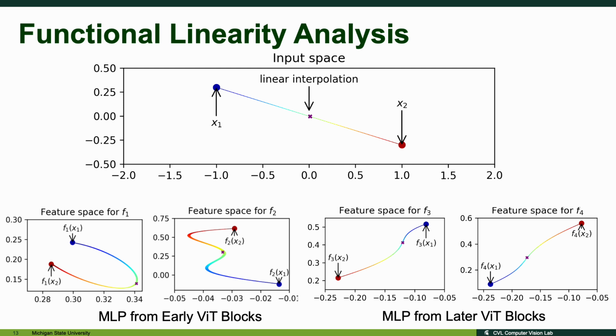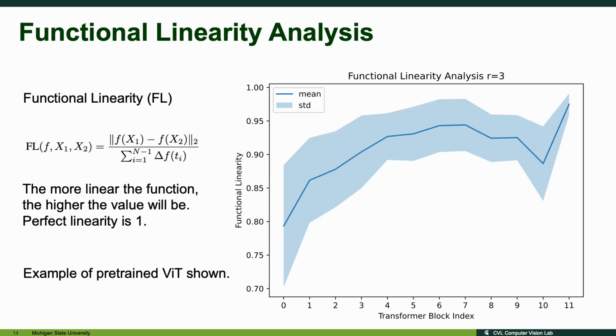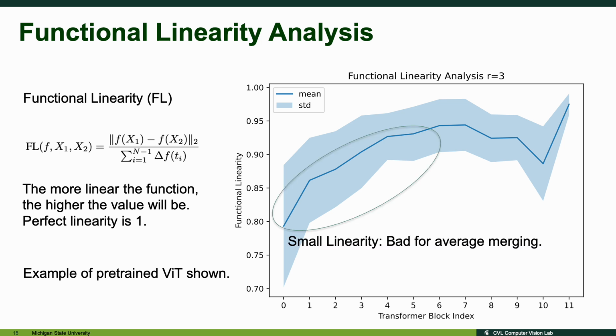This characteristic is advantageous for average merging as it leads to less deviation in subsequent operations. To measure this property, we use a metric called functional linearity and chart its value for each block in the vision transformer. A higher value of this metric indicates greater linearity in the function.